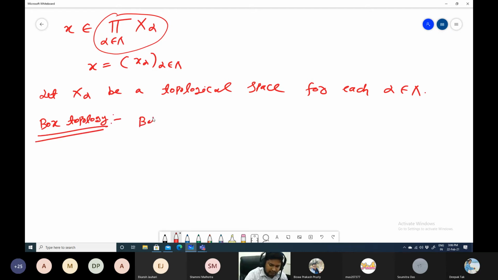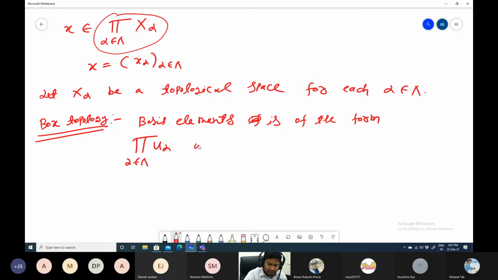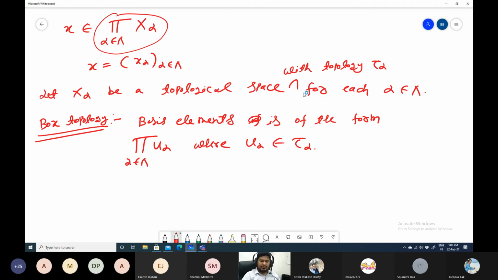That means a basis element is of the form just this product of U alpha, where U alpha belongs to tau alpha, the topology on X alpha. Now you can check that this forms a basis and it is called the box topology.